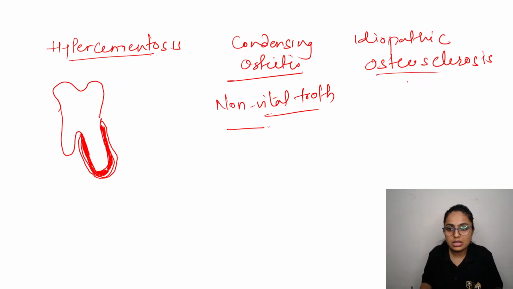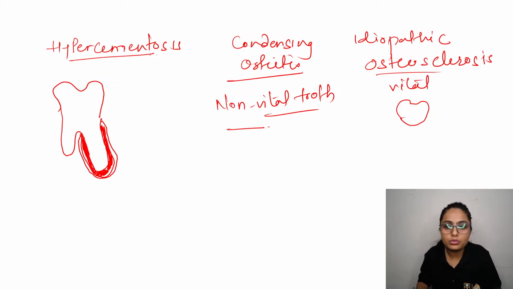Idiopathic osteosclerosis. Now, idiopathic osteosclerosis is not necessarily attached to the root. It can be lying or suspended in the bone, like a bone island or something like that. And the tooth is vital. If it is attached to a tooth, the tooth is usually vital.